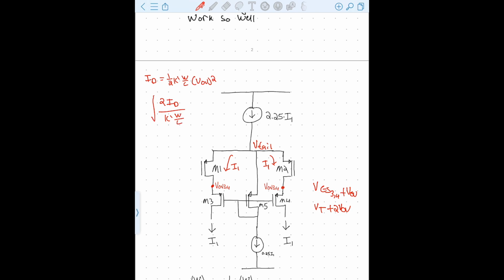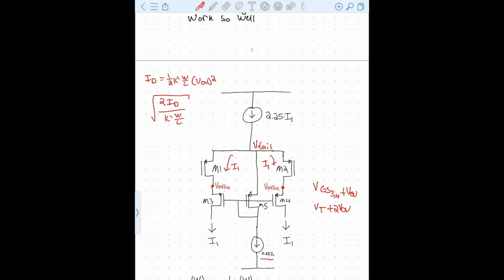So in order to double the overdrive, you need to 4x something in the numerator or reduce something by 4x in the denominator. And the bias here is a quarter for M5. So what that means is we're starting at a lower current, and now we need to increase something by a factor of 16.